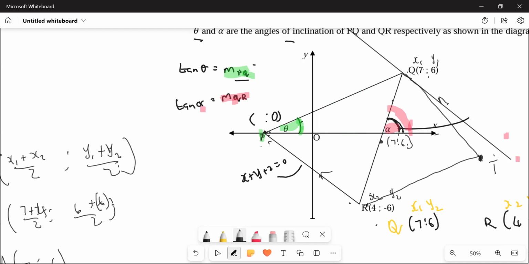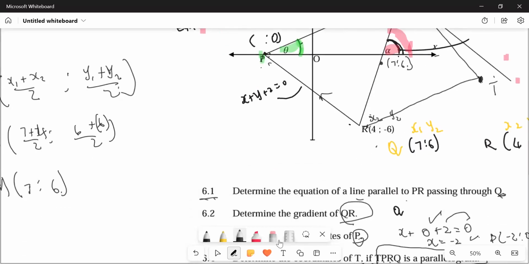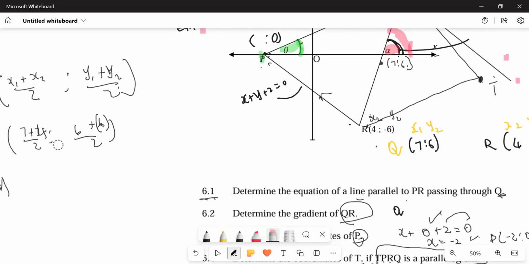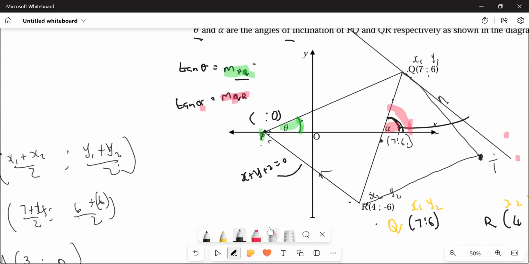You are allowing me to make mistakes. And it didn't make sense. And what we get here, we get 7 plus 4, okay? Which gives us 3 all over 2. And then here we get 0, because 6 and 6, they're going to give us 0. So these are the coordinates of the midpoint. They're somewhere here.